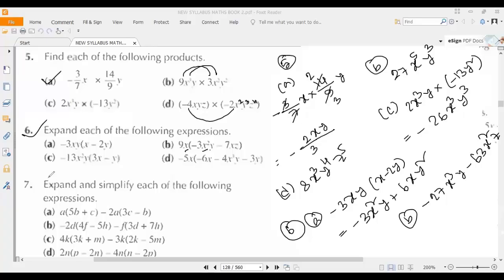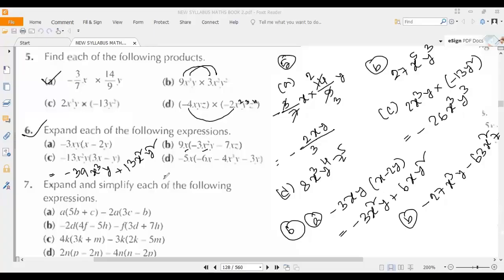Simple. Number C, minus 13 into 3, minus 39. x square into x cube, y. Minus a plus 13 x square y into y square.